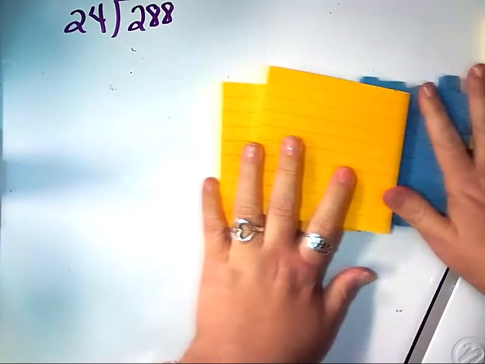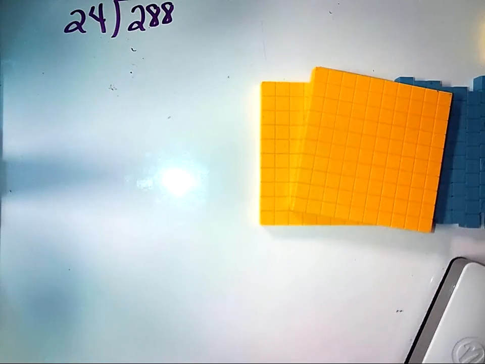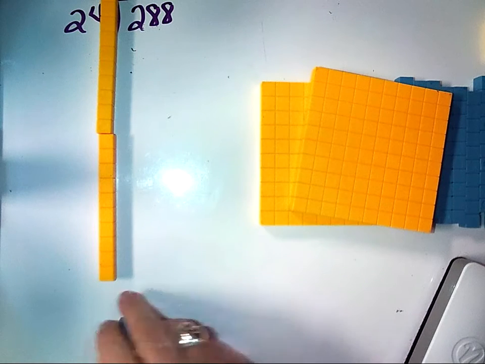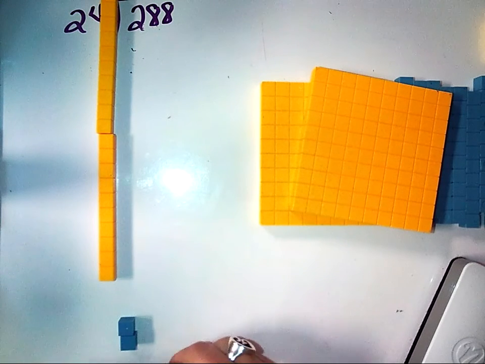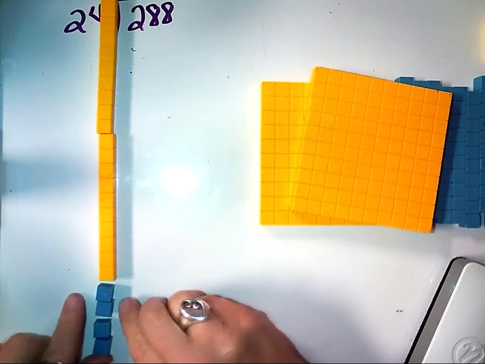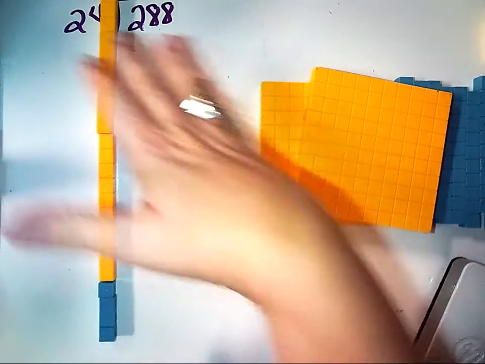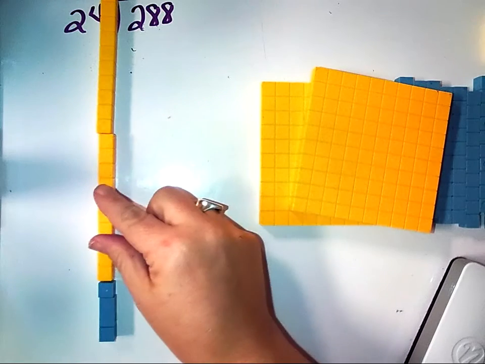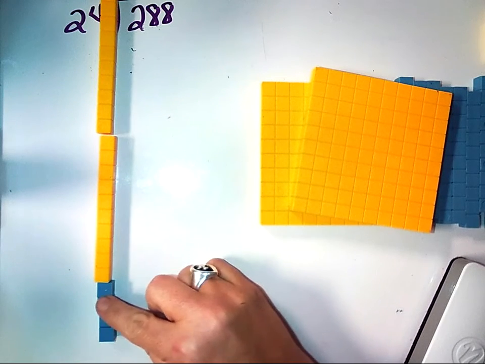So I'm going to slide these over here. So we're going to build down this way. 20. 4. So this is our divisor going down this way. And we want to take our 288 and divide it up evenly here.